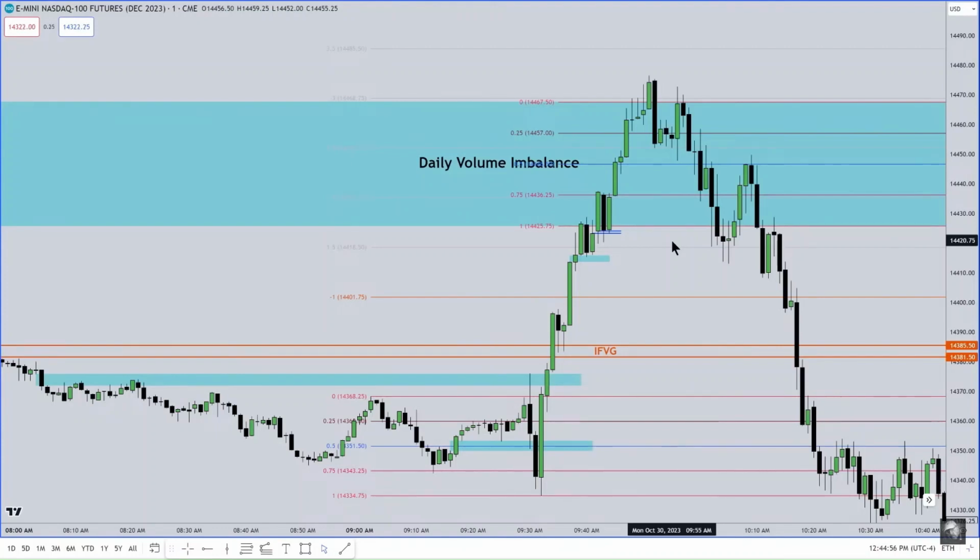Where's the highest high and the lowest low? And what does it still have in play for a reach or draw on liquidity? That daily volume imbalance. When we go to a daily chart, look at how much I've taught just here, just on this 1 minute chart, everything I've talked about here.